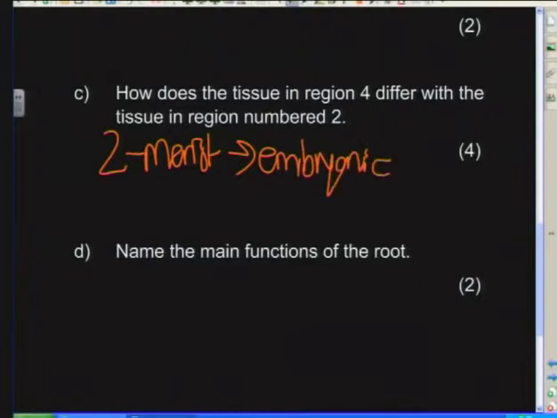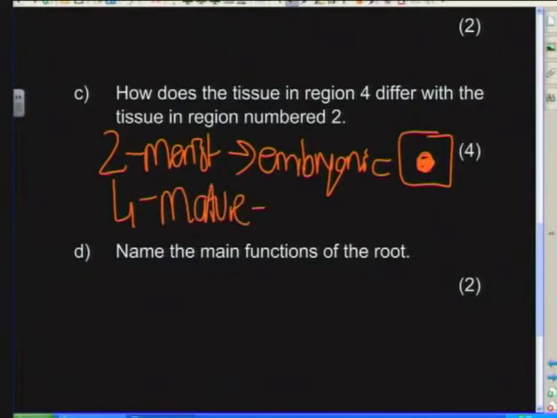They are square. Meristematic cells are very simple. Square cells, regular with a dominant nucleus, because basically their only function is to divide. Now, what was number 4? The mature region. And what is the mature region? Permanent tissue.